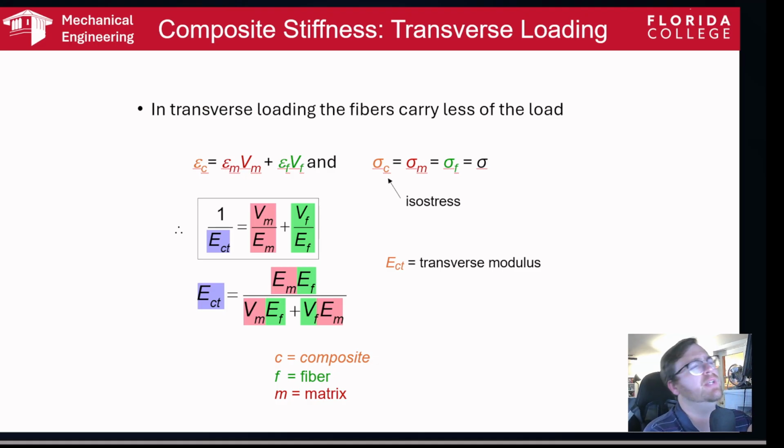In transverse loading, the fibers carry less of the load. Here, we would use what we were talking about for the lower curve. Remember, we had an upper curve and a lower curve for our particles. Here, we would use the second equation for the lower curve when we're talking about a transverse loading scenario. Why is that?